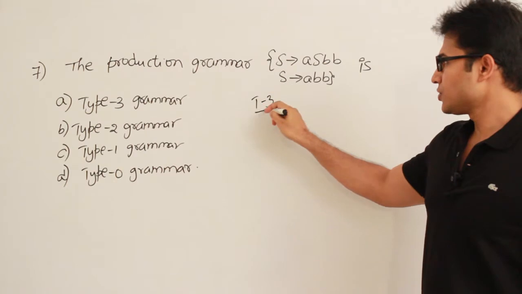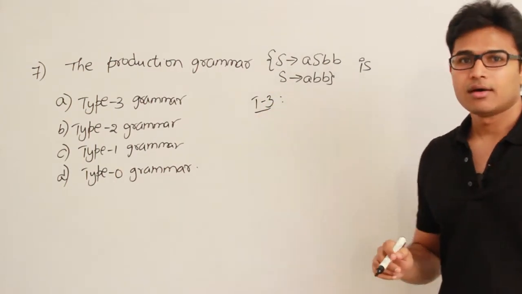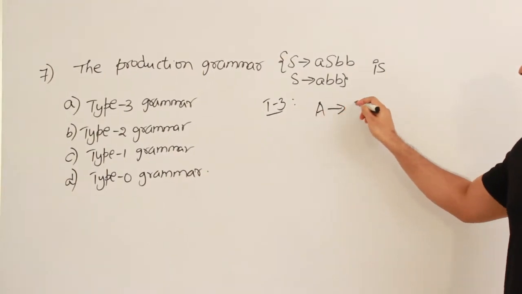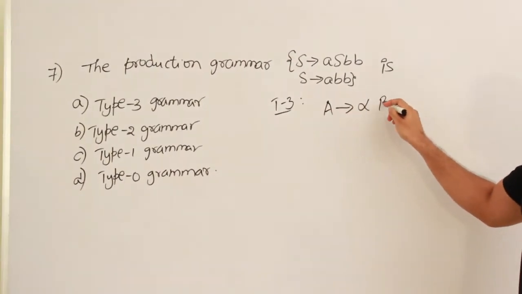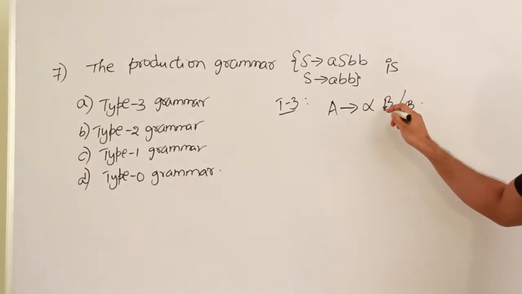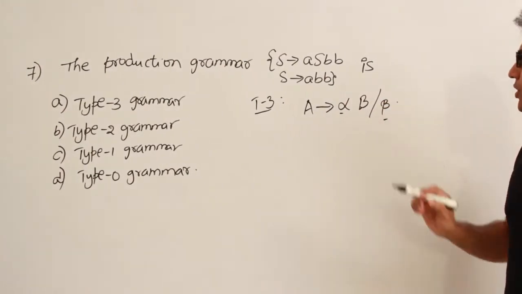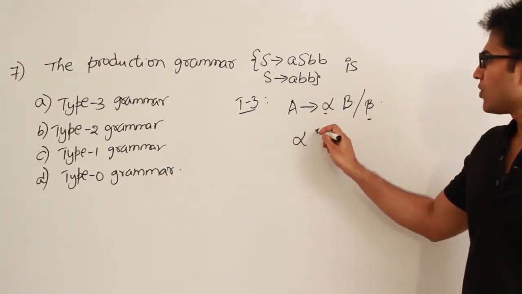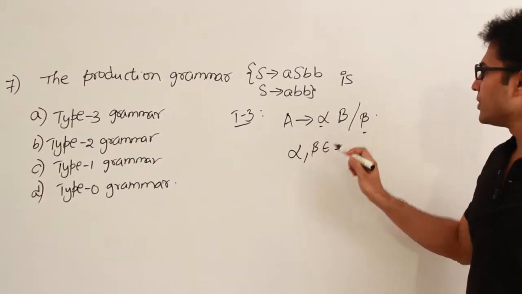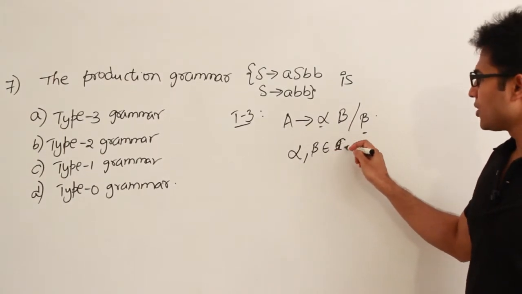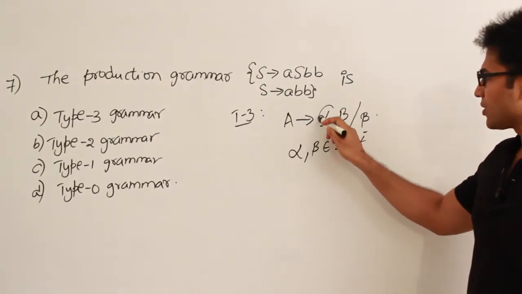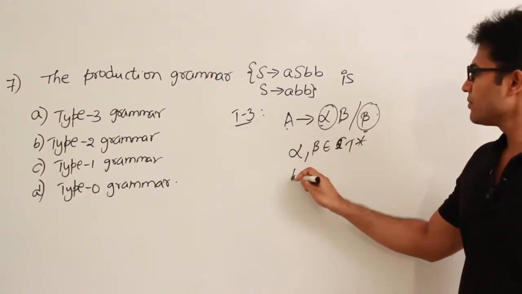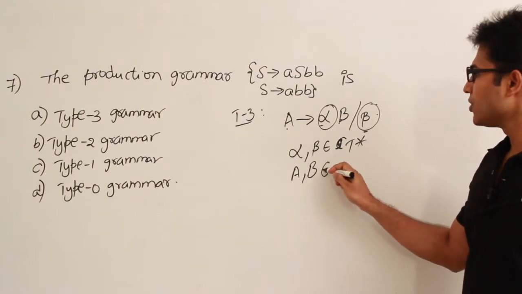Type 3 grammars, which are also called regular grammars, look like this: A derives alpha, let's say B or beta, where alpha and beta should both belong to T star, which means they are a combination of terminals, and A and B can be variables. A and B belong to V.